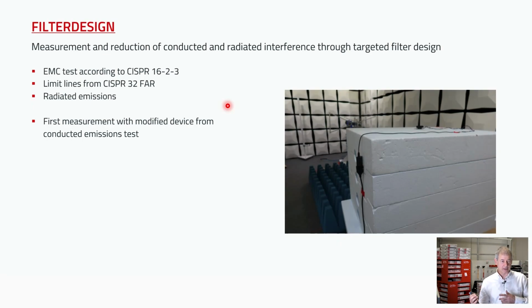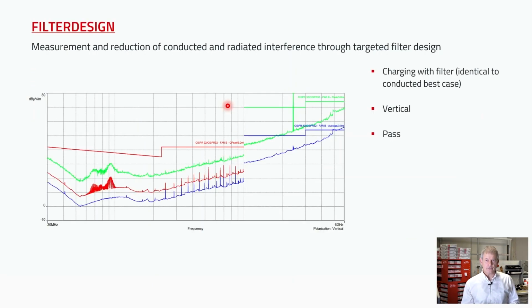We measure again according to CISPR 16, also the limits for CISPR 32 for a far field, and we only measure the radiated emissions. We measure up to 1 gigahertz. That would be enough, but we also have a look at the range up to 6 gigahertz.